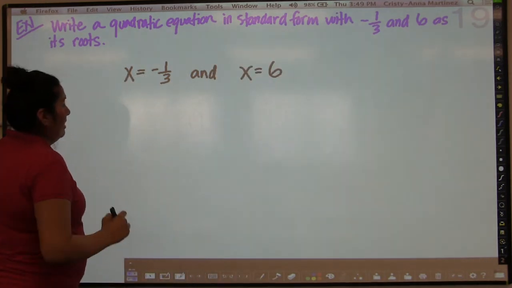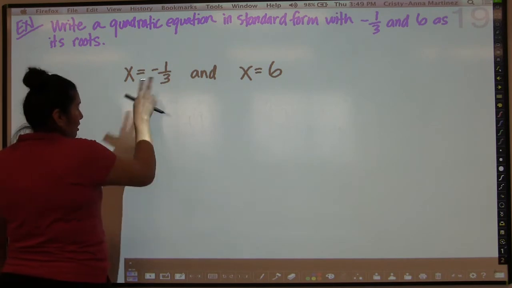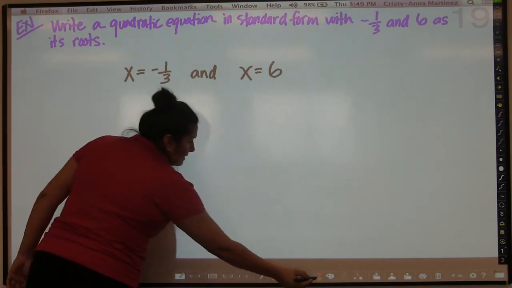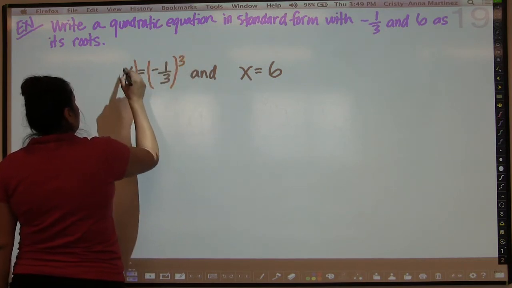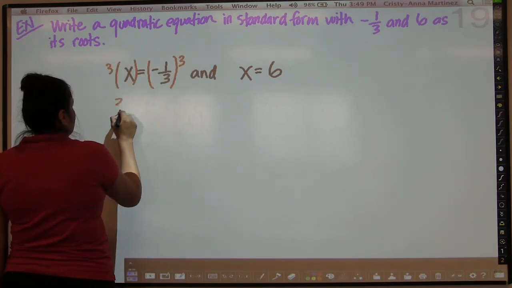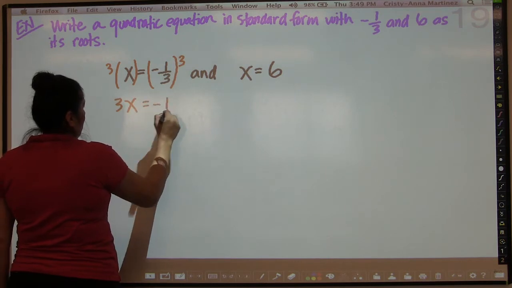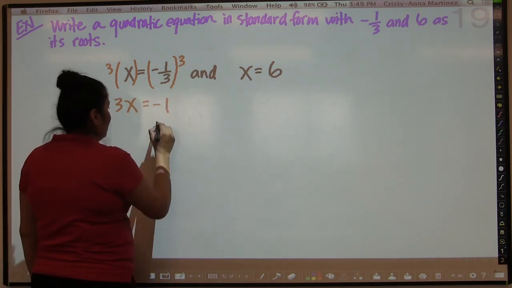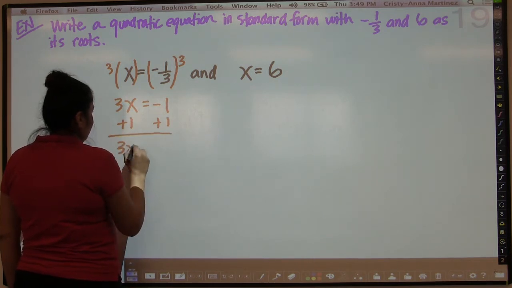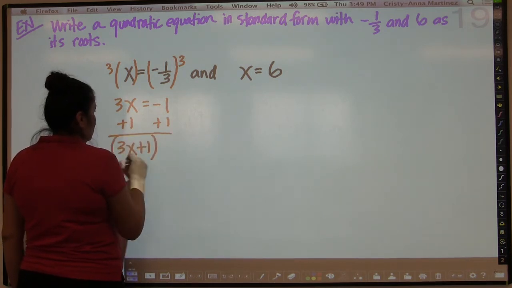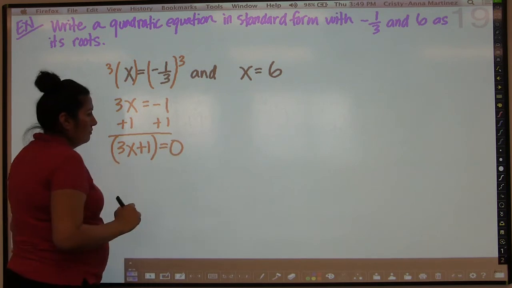Now, if you want to get rid of the fraction here in this first case, we can multiply both sides by 3, and that'll give us 3x equals negative 1. And then we can add 1 to both sides, and you will get 3x plus 1 equal to 0.